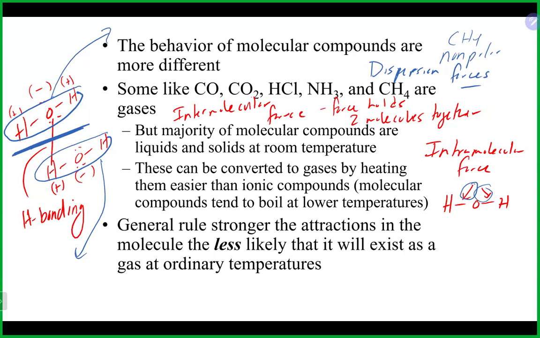And that's why a lot of, for example, organic molecules, which are nonpolar, typically are very volatile or can go into the gas phase really easily, because they're not held together by really strong forces. So it doesn't take a lot for them to separate from each other and basically just go off into the gas phase and break apart from one another.